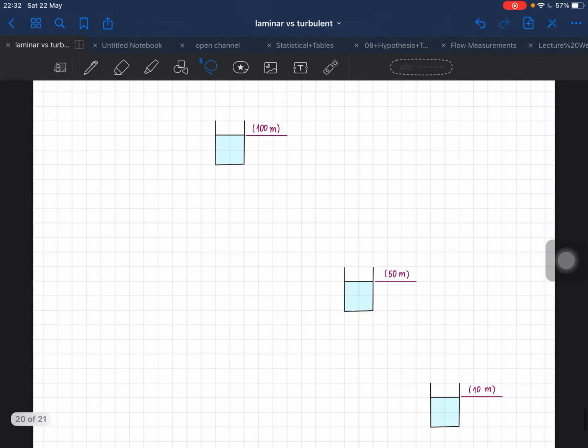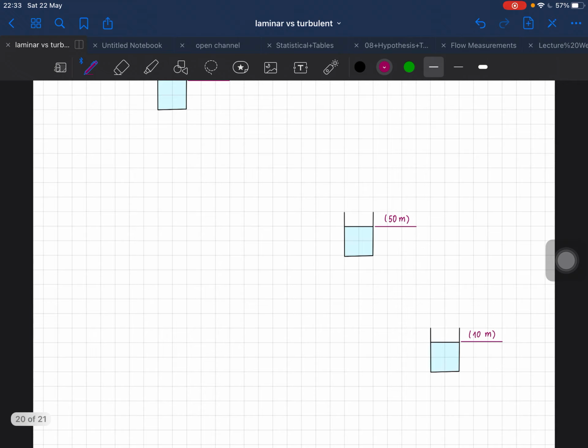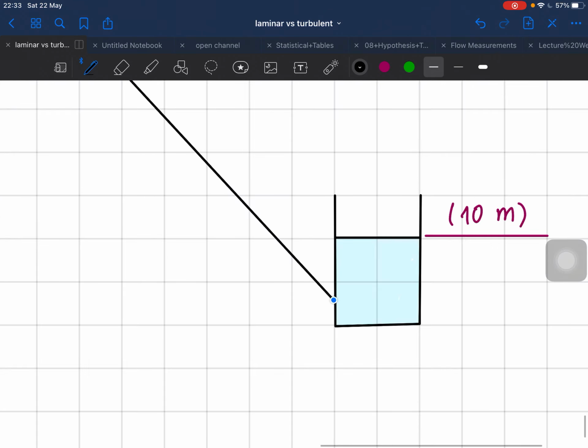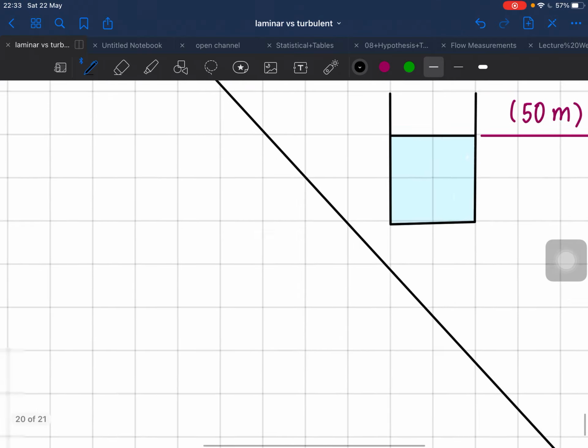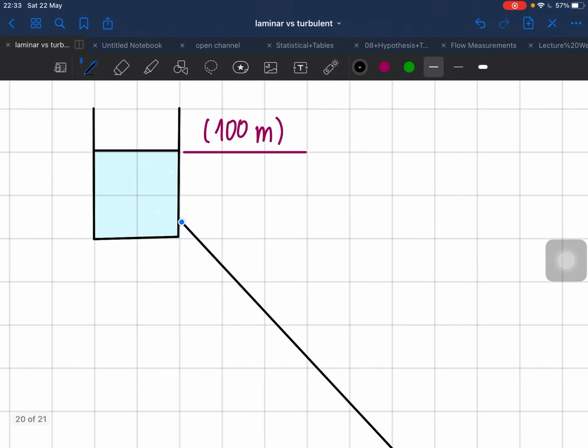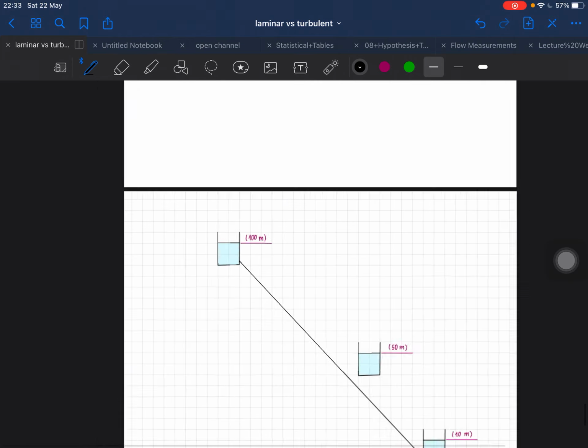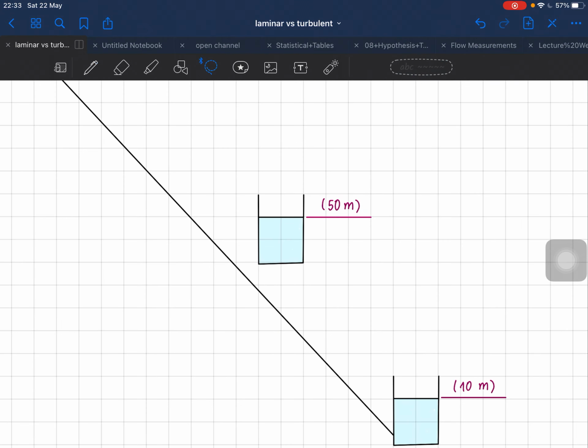Okay, so this would be like this, and the pipe is connecting like this. Make sure that the pipe is connected. Okay, the pipe is connected this way.